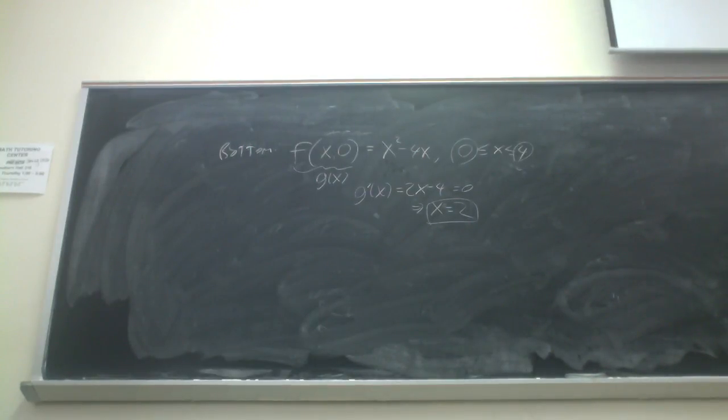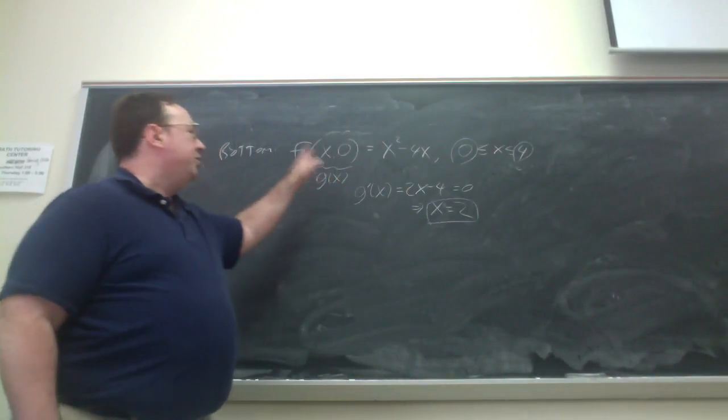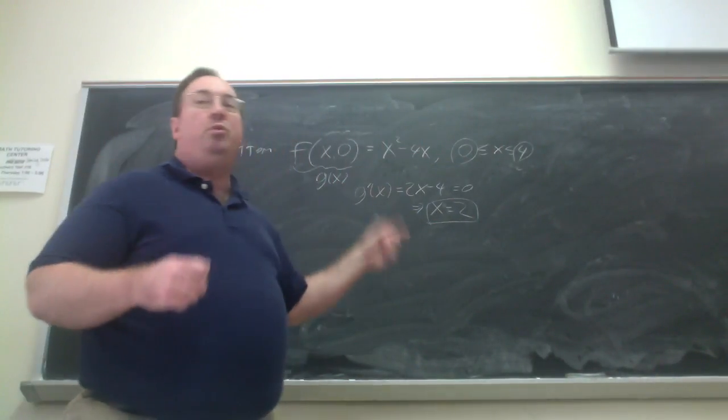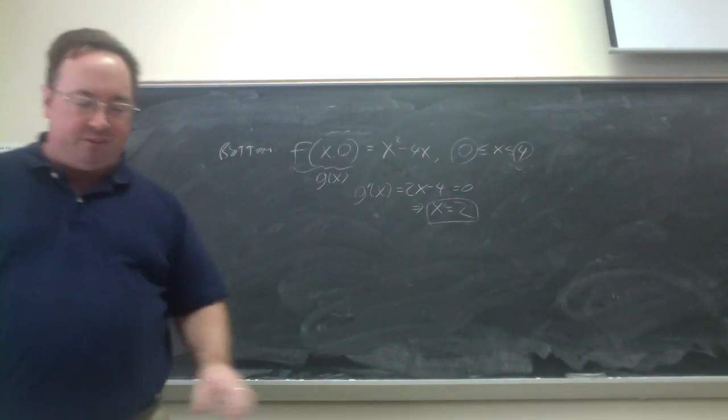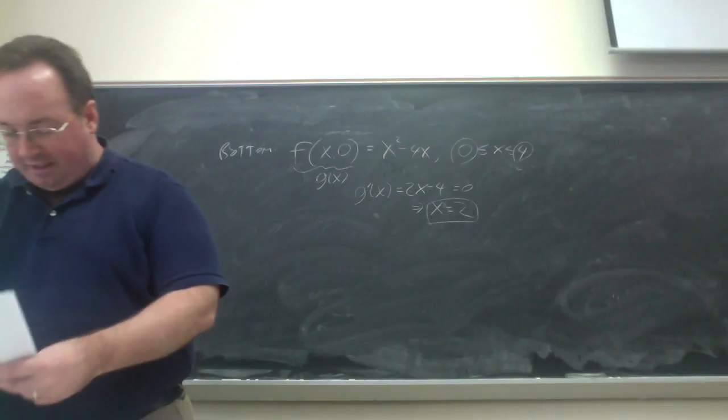If I plug in x equals 0, I get 0, and if I plug in x equals 4, I also get 0. And if I plug in x equals 2, I get minus 4. That is equivalent to plugging these points with y equals 0 into the original function. It's just more convenient to use this when we're dealing with this edge.